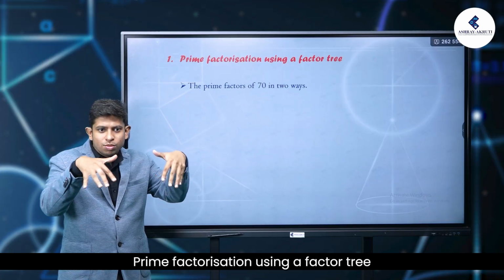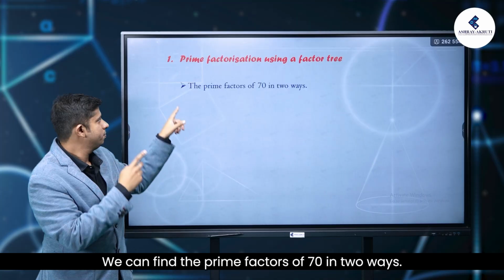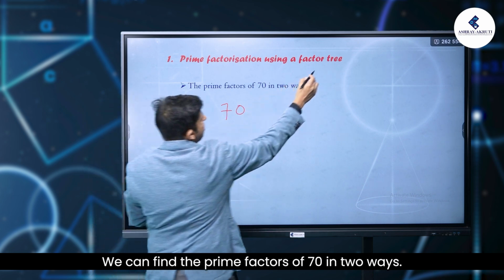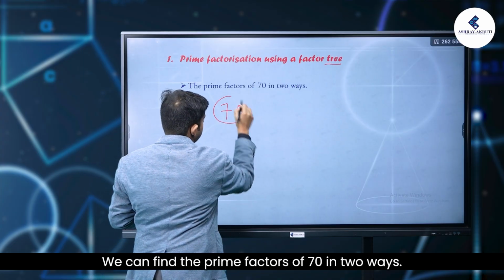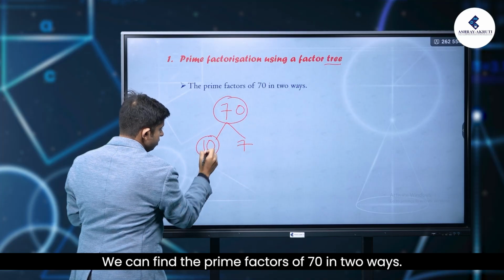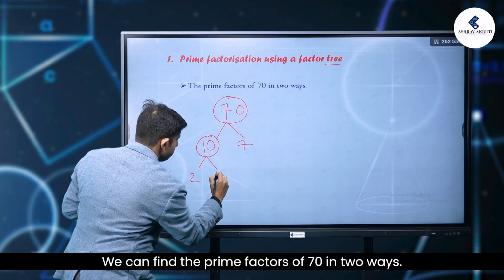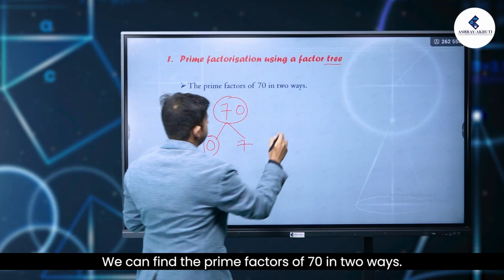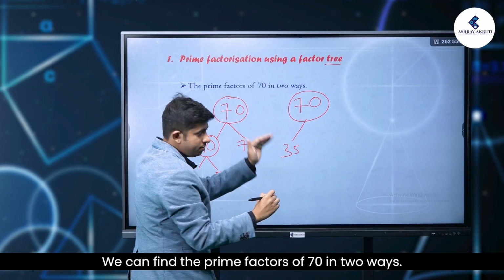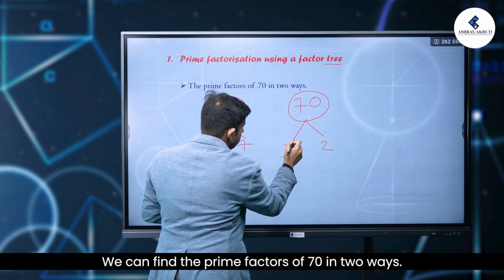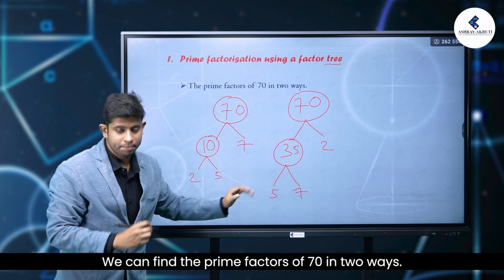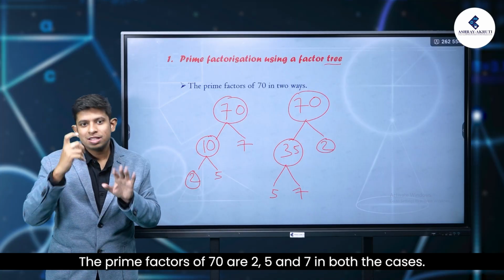Prime factorization using a factor tree. We can find the prime factors of 70 in two ways. The prime factors of 70 are 2, 5 and 7 in both the cases.